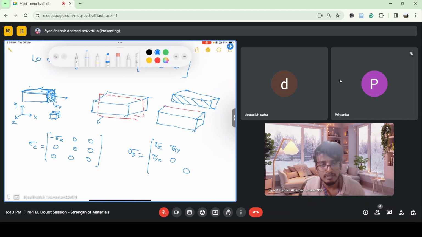And do we have tau zx here? Tau xz, yes, we have, right? Is yz there?